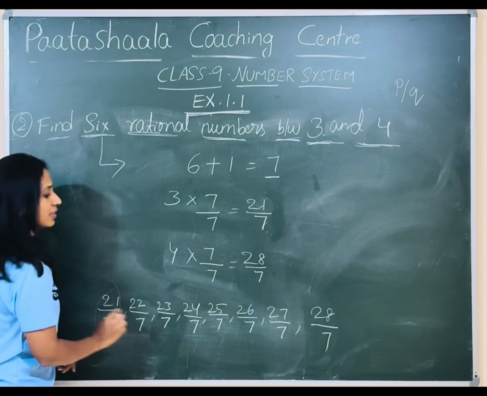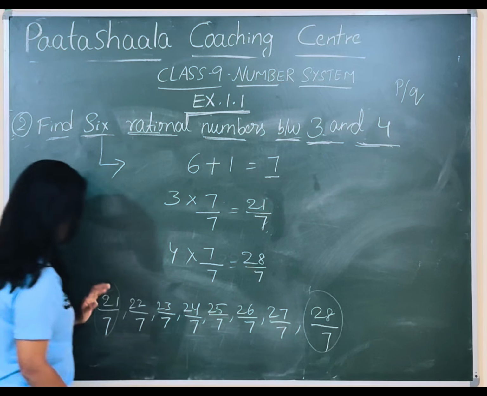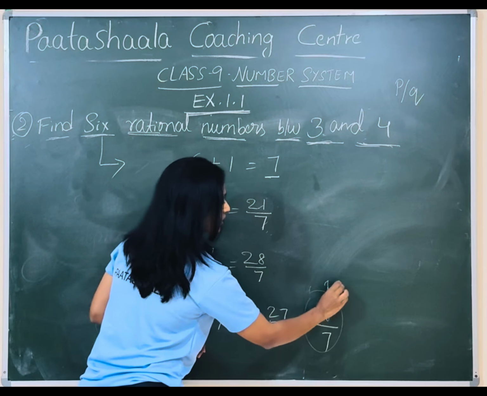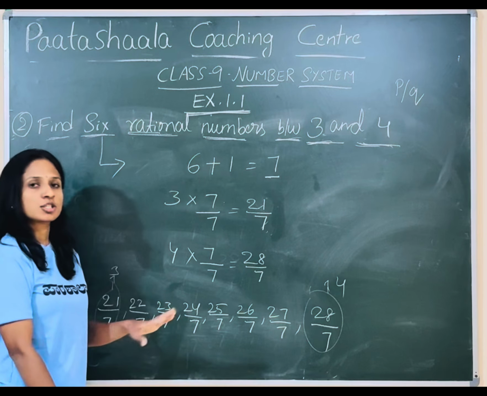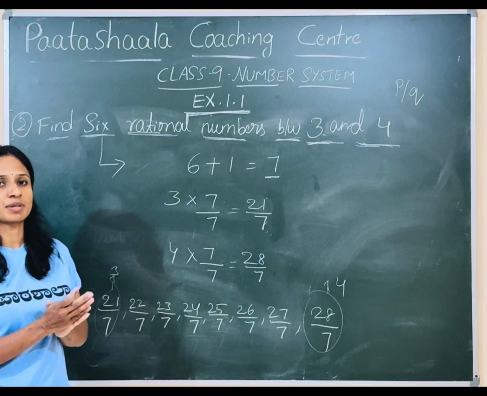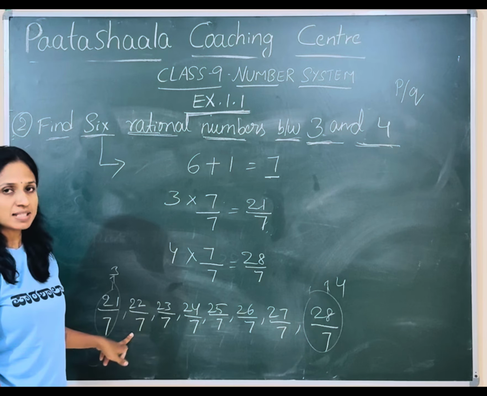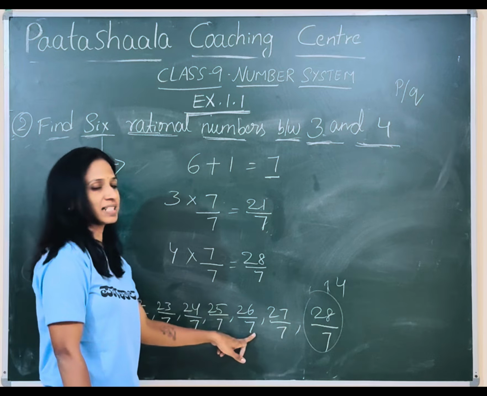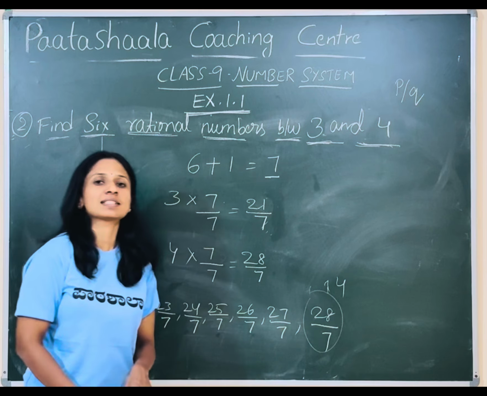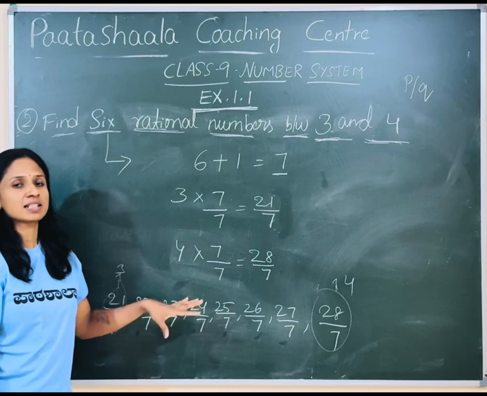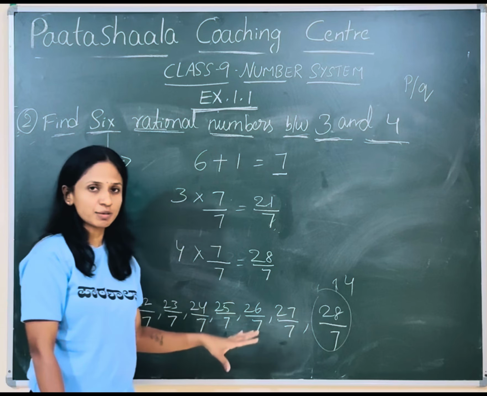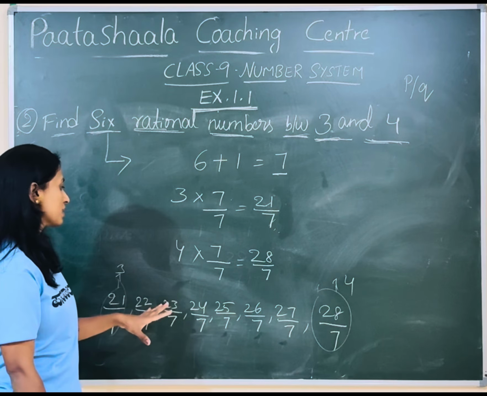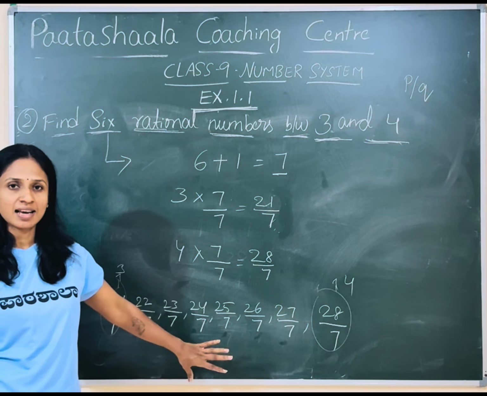So these two are the given numbers, 3 and 4. So what are the 6 actual rational numbers between 3 and 4? 22 by 7, 23 by 7, 24 by 7, 25 by 7, 26 by 7 and 27 by 7. In case they are not in simplified form, we can simplify those numbers and write the answer. Now these cannot be simplified, so we can write the answer as it is.